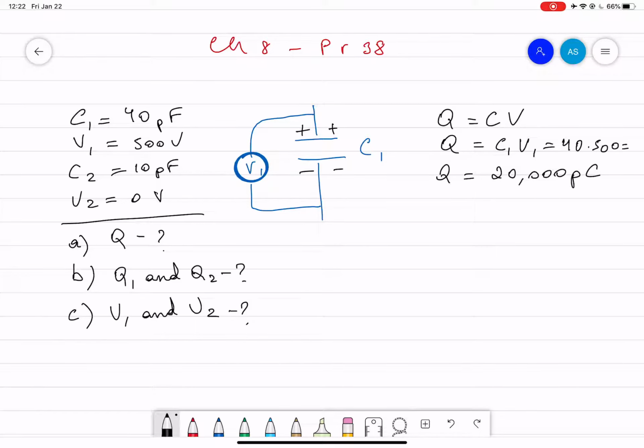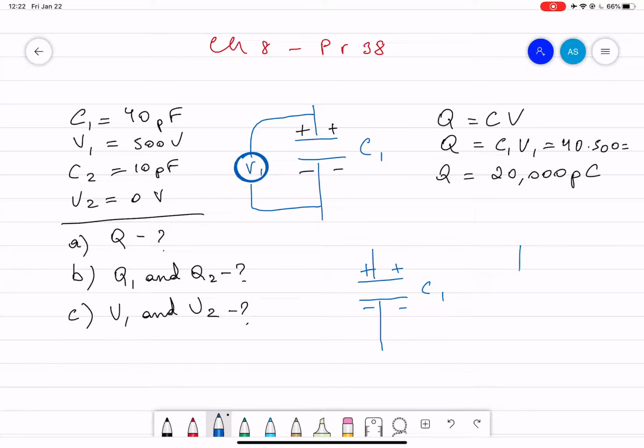Now after that, what happens is the second capacitor is connected, its terminals are connected to those of the uncharged 10 picofarad capacitor. So here we have C1. The charge here is positive, here is negative.